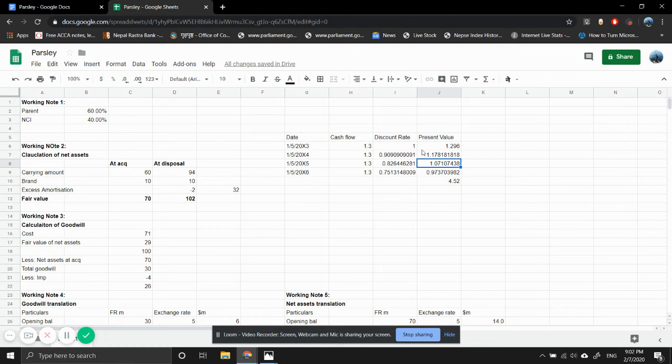Now it's better. Okay. Alright, so this will be our net present value. What we will do is that, let's make it look good as well.